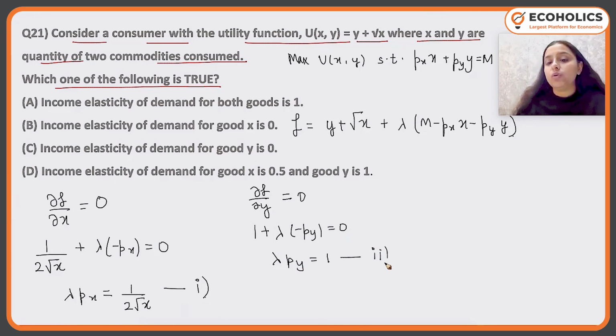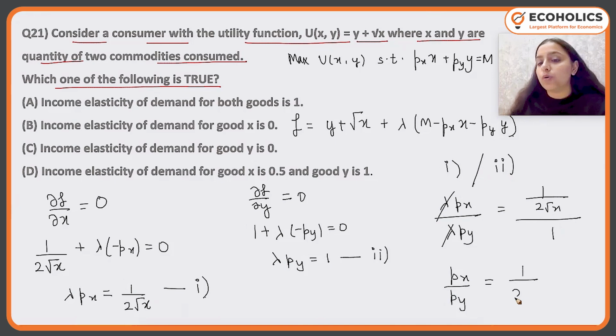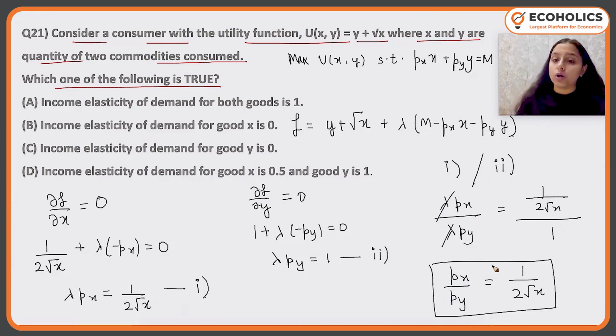Now, equation number 2. I would divide equation 1 with equation 2. This will give me a relationship between x and y. So lambda Px divided by lambda Py, I'm dividing the left hand sides. On the right hand side, if I divide, 1 upon 2 root x divided by 1. Now lambda and lambda cancel out and I get the ratio of Px and Py, which is 1 upon 2 root x. Now this is some sort of relationship I have got. Now I will take this ahead to get the value of x eventually.